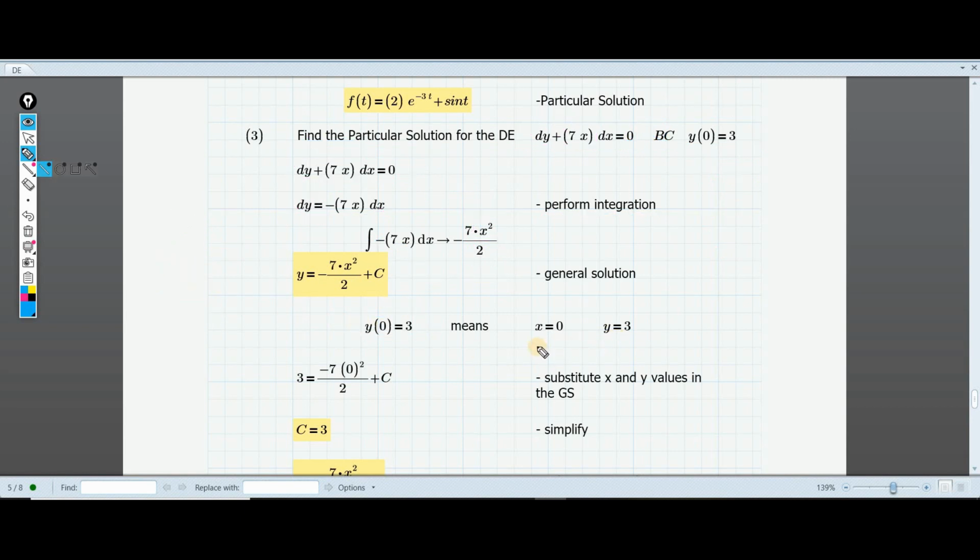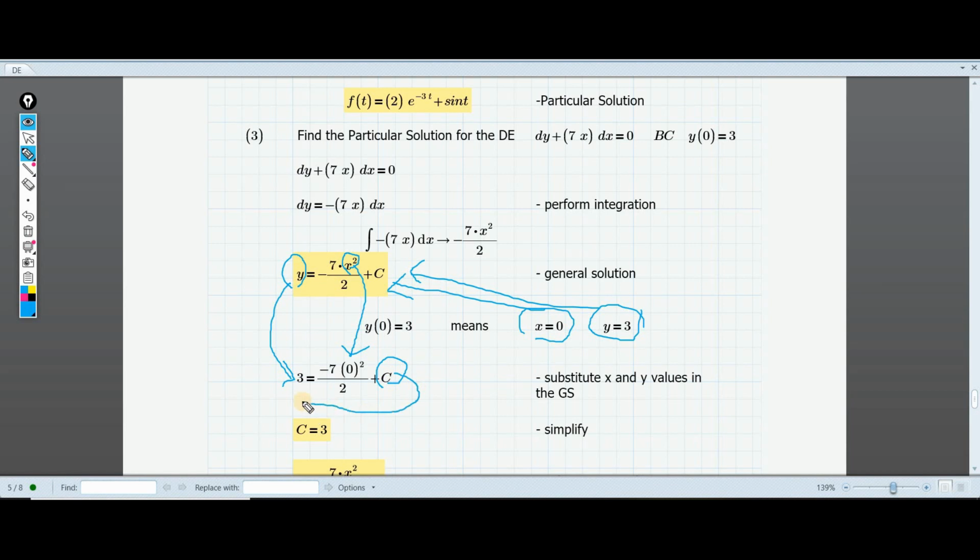Now, we substitute the values x equals 0 and y equals 3 here. So y is equal to 3, and our x here becomes 0. Then we solve for the value of c.